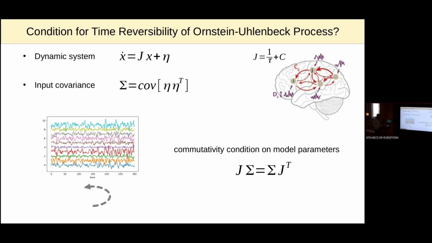So what does that mean? That means first that it's not a global property: if I scale the two matrices, that won't change this commutativity condition. It's really the detail of the structure of how regions are connected and how much noise they receive that matters here for this entropy production.